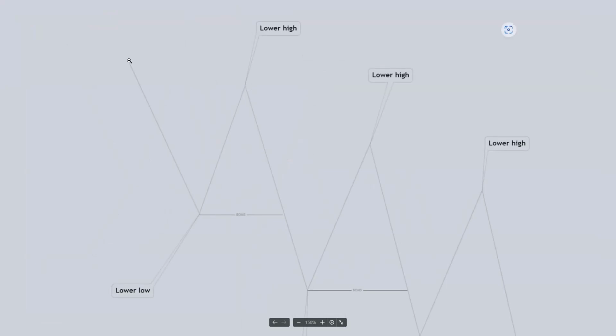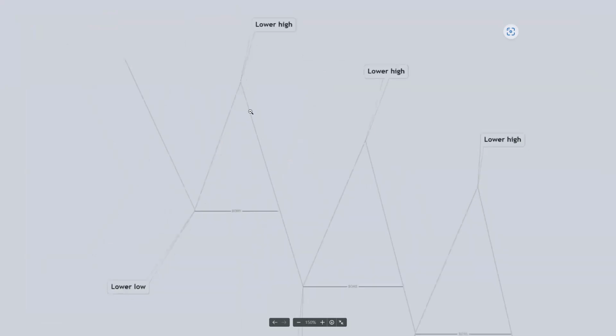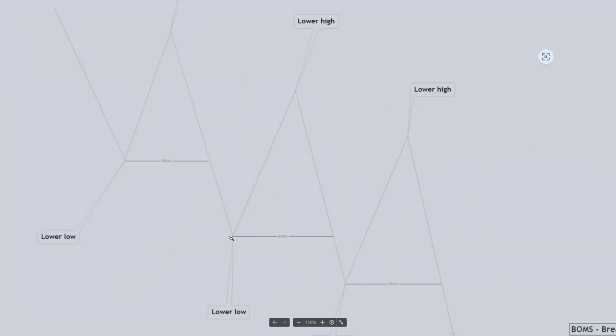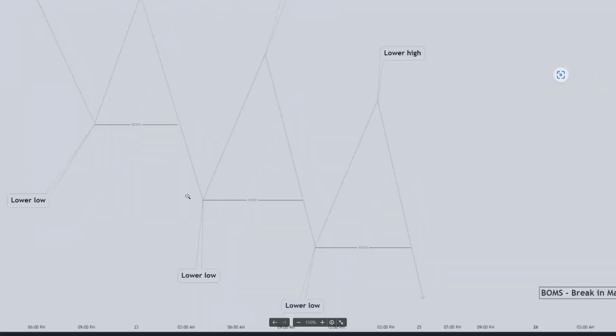Let's say this is a swing high that pushed up, and then this swing low was targeted or violated by this run lower. Once we have a pullback, a swing low is formed in the course of it. If we're in a bearish market phase, this swing high is meant to be protected.